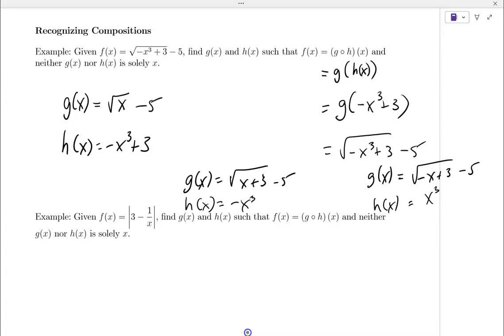There's lots of different ways we could do it. The idea, though, is recognizing what's on the outside and what's been replaced, what the x would be replaced with on the inside. I think this first one is the more natural way to do it. It's definitely the way you want to think about it later. But there's more than one answer here, as we recognize.